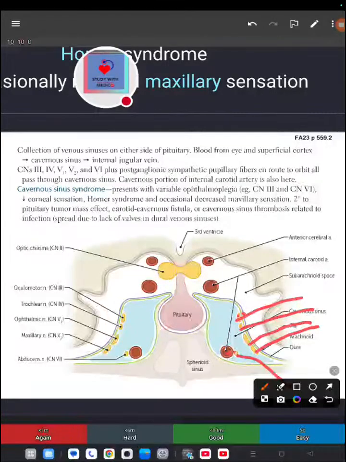The cavernous portion of the internal carotid artery is also here. This is the internal carotid artery. Cavernous sinus syndrome presents with variable ophthalmoplegia in 3 and 6.